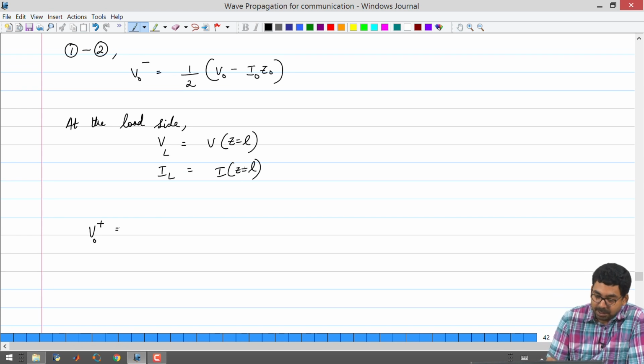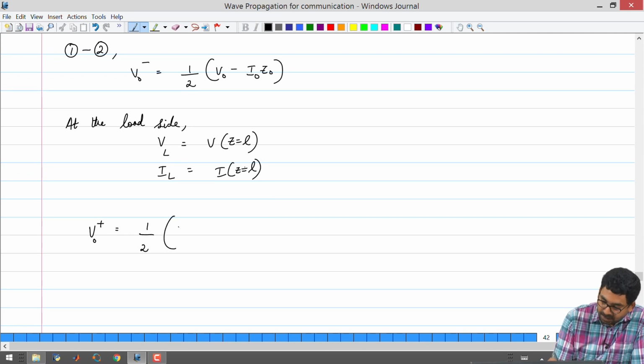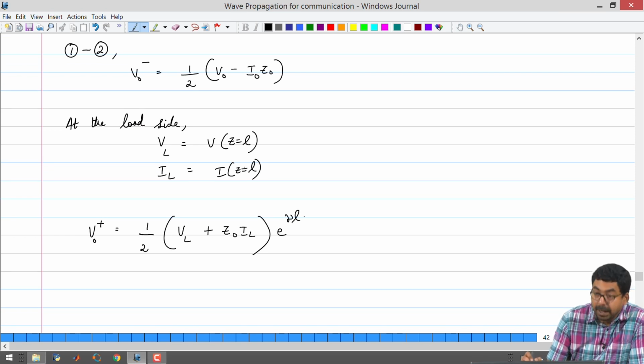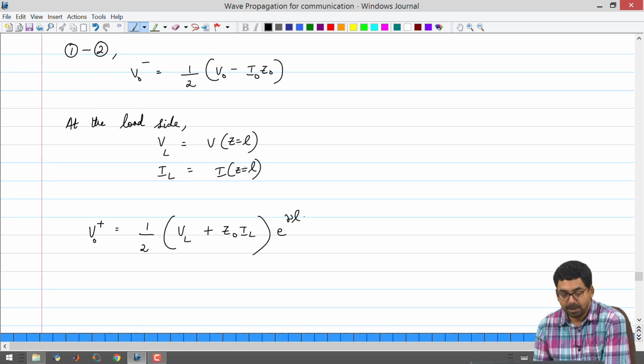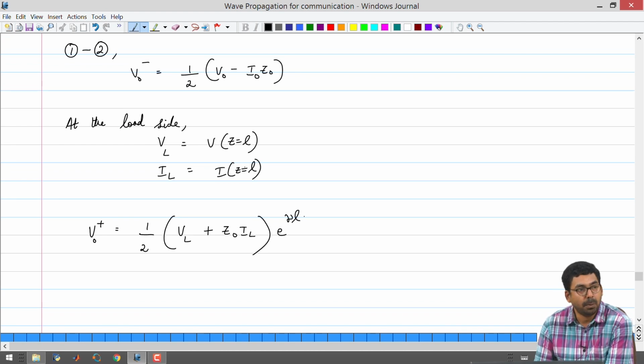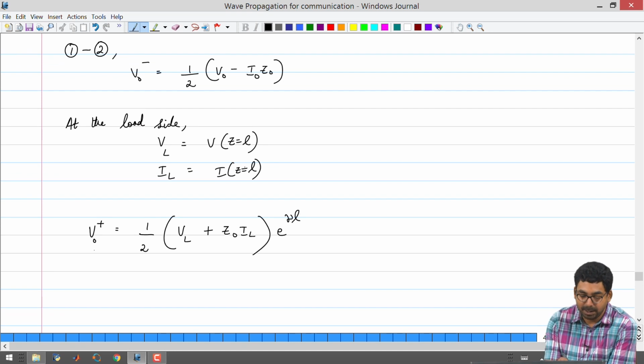So, I can take the equation that I got for V naught plus and write this down as half of VL plus Z naught IL, multiplied by e to the gamma L. That is simply because the voltage on the load side and the voltage at the source side differ by an exponential, e to the gamma L. So, all we are doing is writing V naught plus in terms of VL, IL.